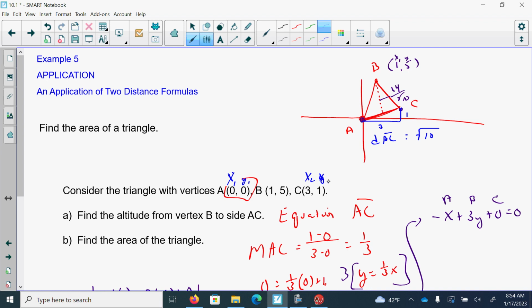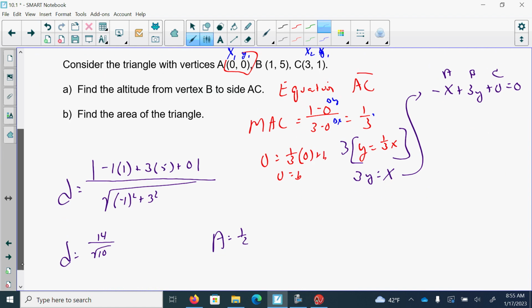And I skipped a lot of steps, but what I did is the distance formula is equal to x2 minus x1 squared plus y2 minus y1 squared. But you know what? You already did it when you had the slope. Isn't this the difference of the y's and this is the difference of the x's? So you can go back here and just grab your slope. It's the same thing. So look at the square root of 10.